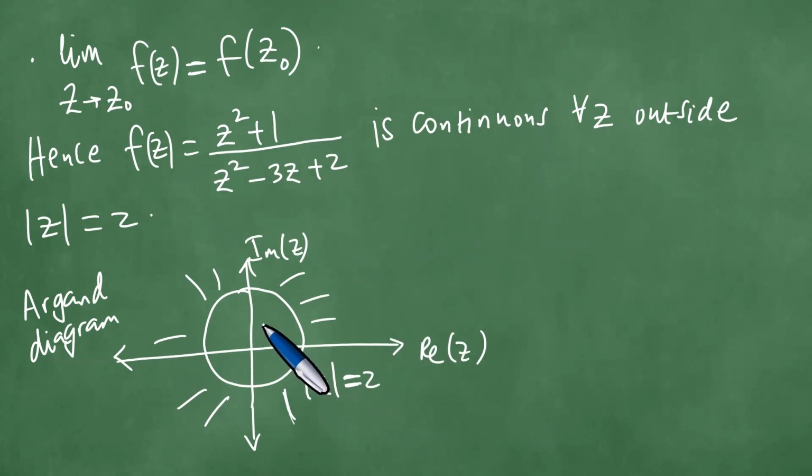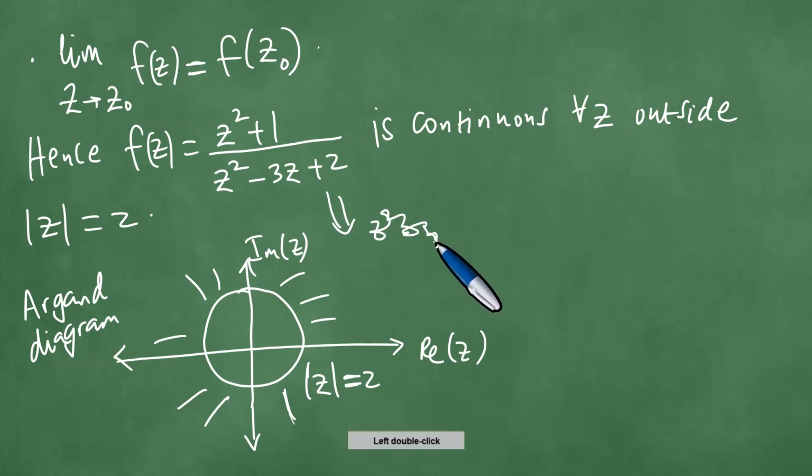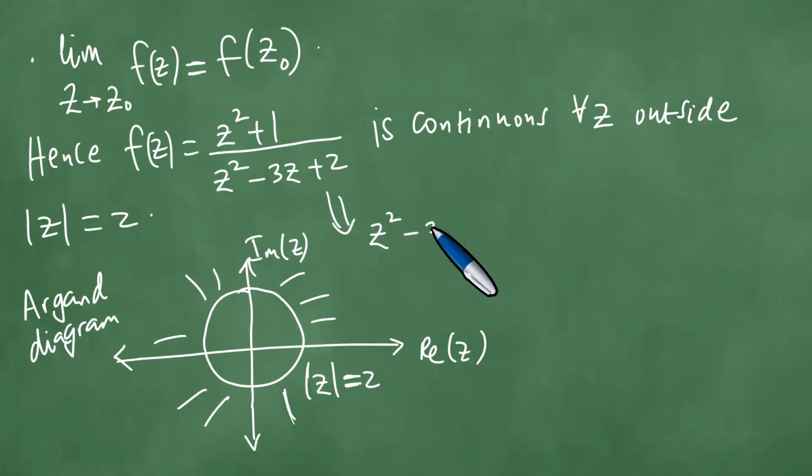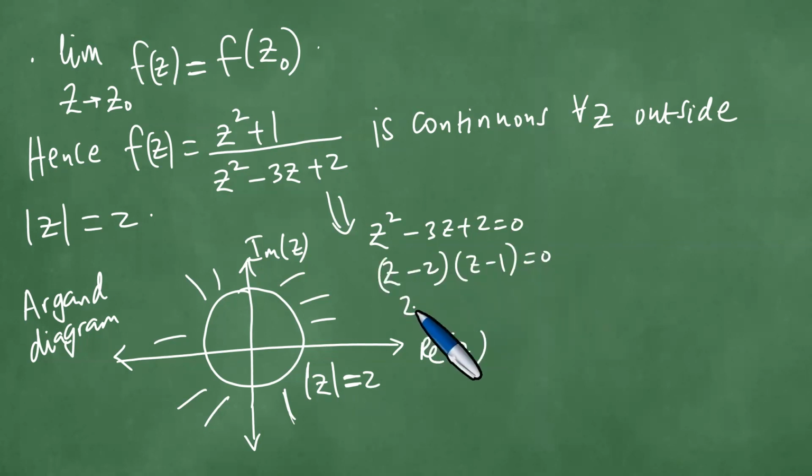We saw that the denominator was effectively 0 at 2 points, since z squared minus 3z plus 2 is (z minus 2)(z minus 1), so z equals 2 or z equals 1.